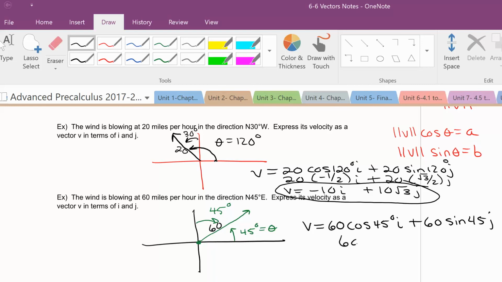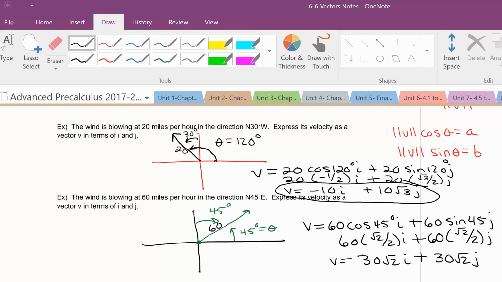Cosine 45 is rad 2 over 2. Sine 45 is rad 2 over 2. So when you multiply, you get 30 rad 2i plus 30 rad 2j. And that is the velocity vector for this particular situation.